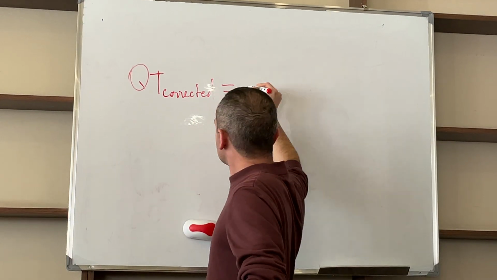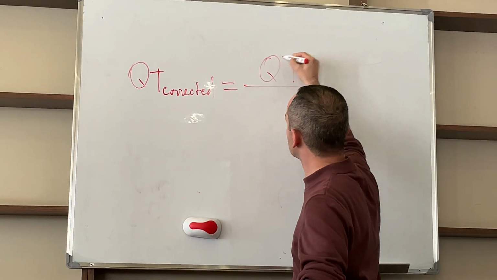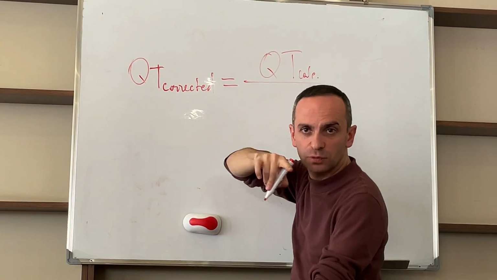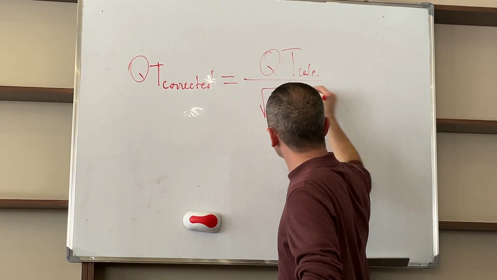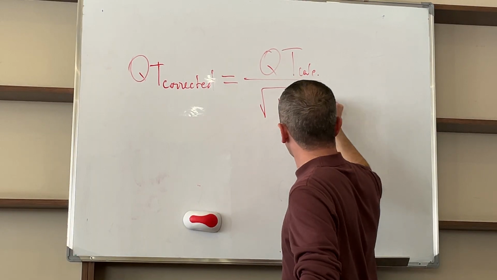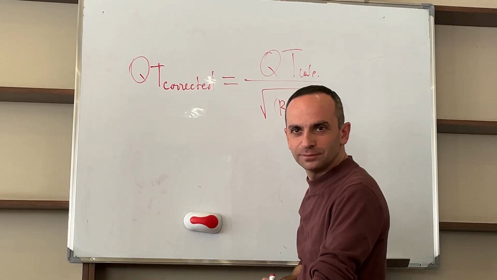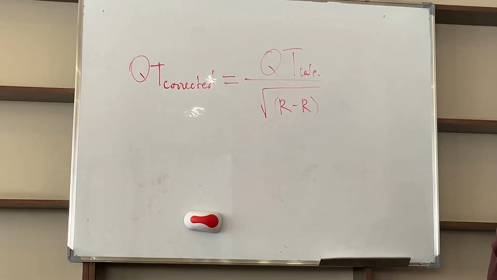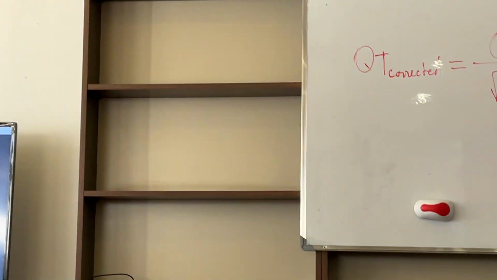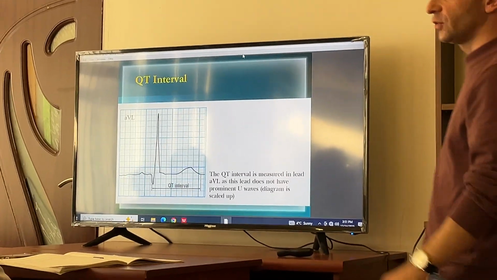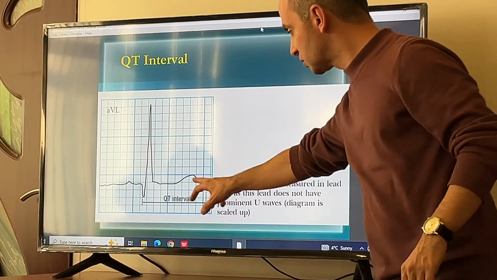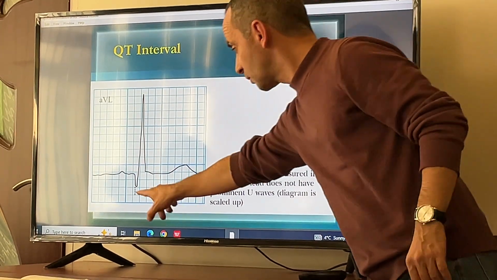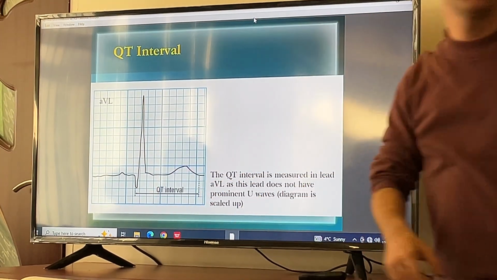There are a lot of formulas; this is Bazett's formula. You take the QT you measured on your patient's ECG and divide it by the square root of the RR interval. Very often we take lead aVL, where the likelihood of a U wave is less, because a U wave would make it confusing whether it is T or U. It is measured from the start of the QRS complex up to the end of the T wave.